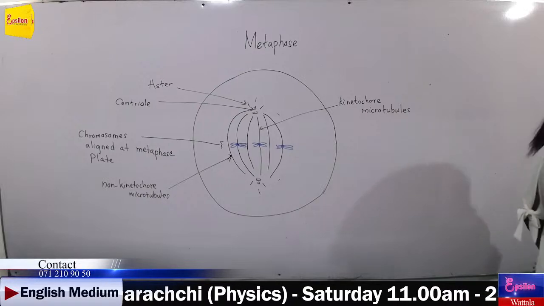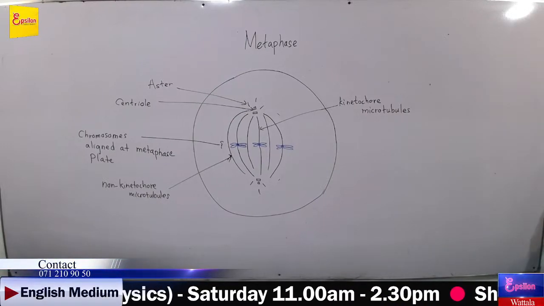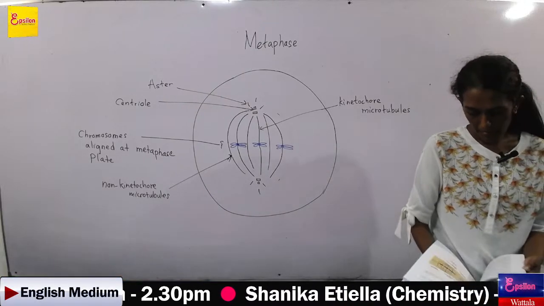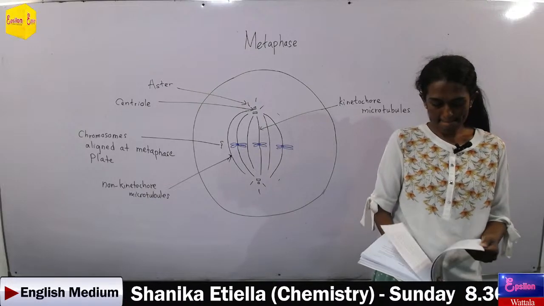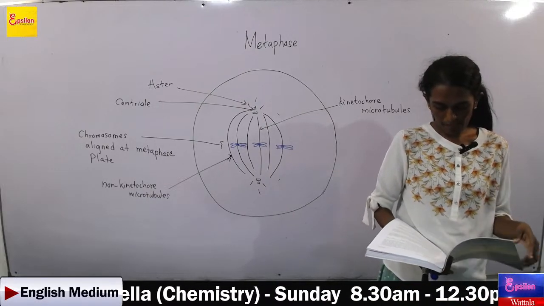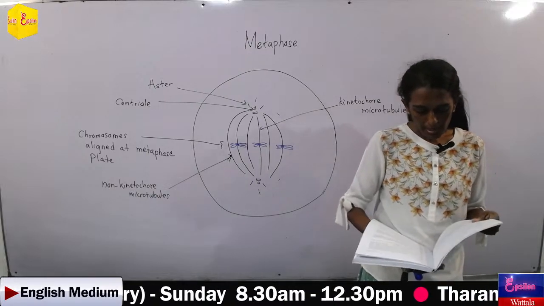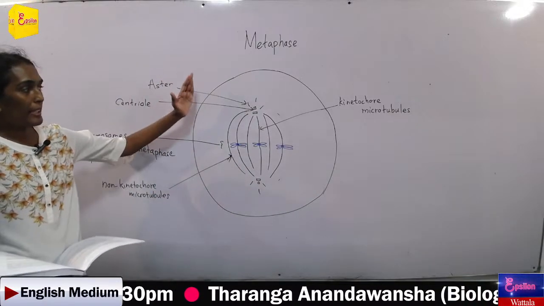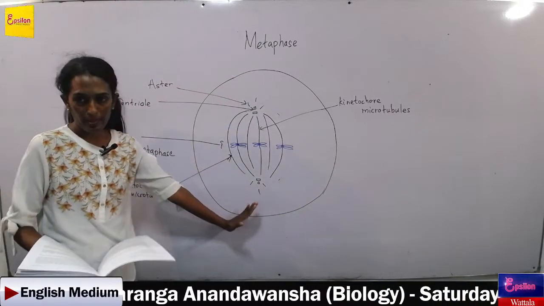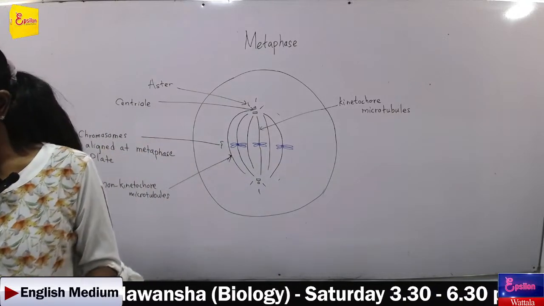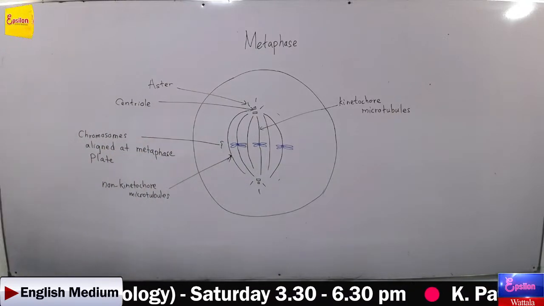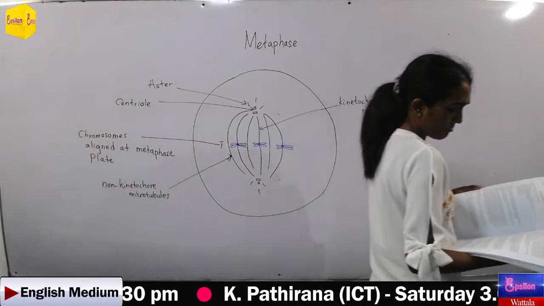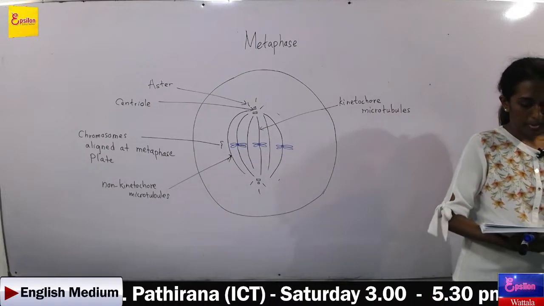Done? Shall we write? Write number 1. Centrosomes reach the opposite poles. If you follow the diagram, you will understand nicely how it came to the poles, right? Number 2.